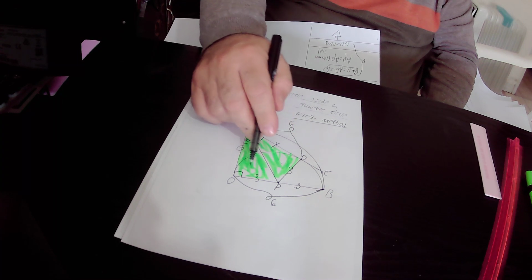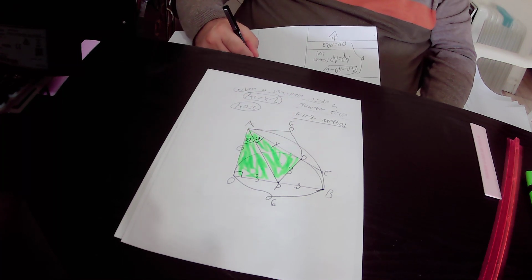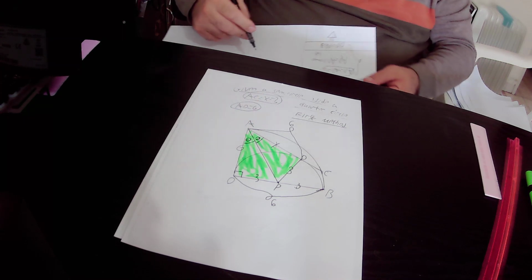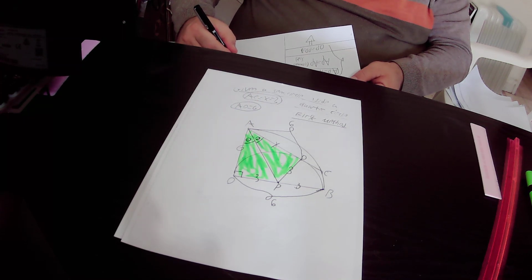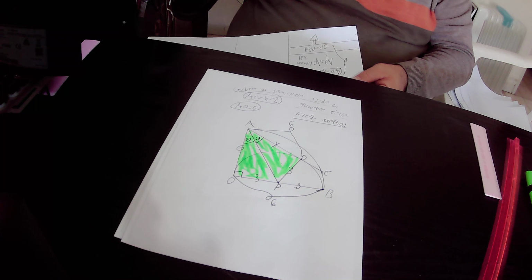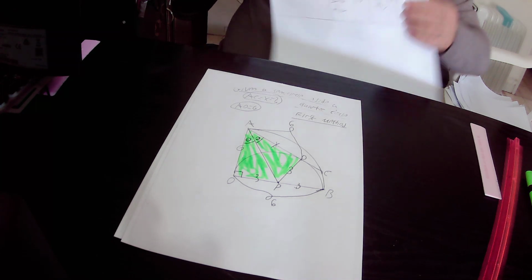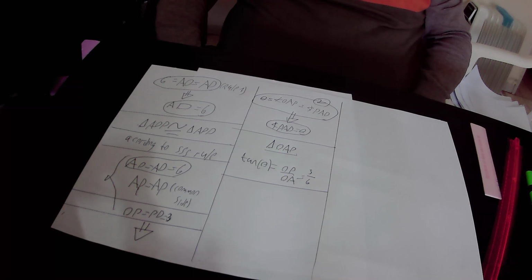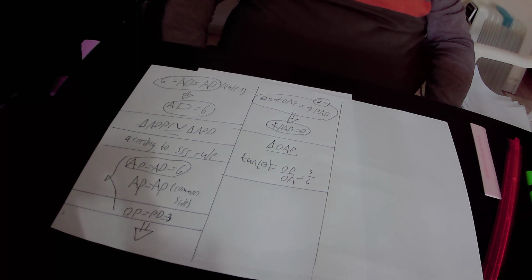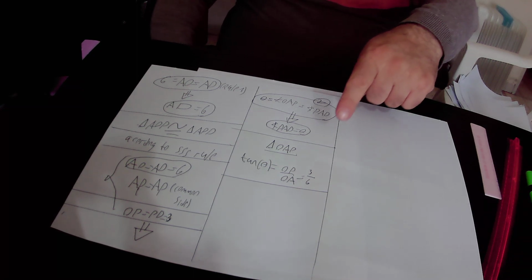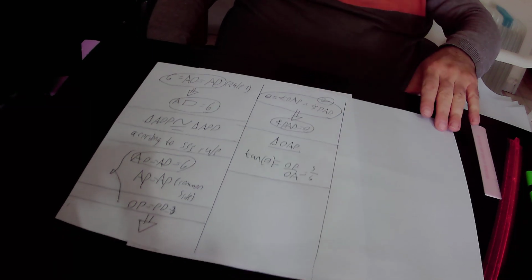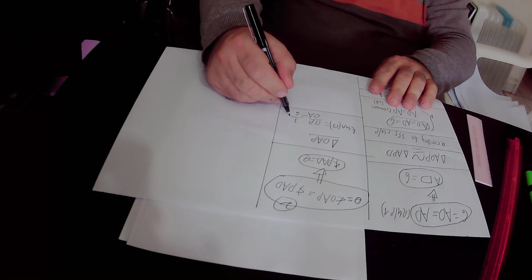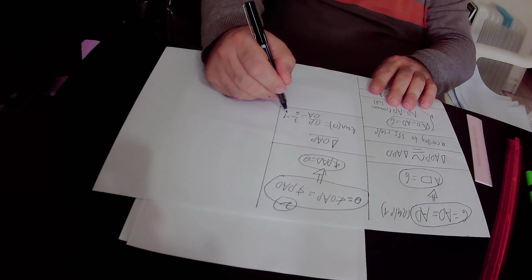Here OP equals 3 units and OA equals 6 units, according to what is given in the question. So sine theta equals 3 over 6. Dividing numerator and denominator by 3, we get 3 over 3 is 1 and 6 over 3 is 2.